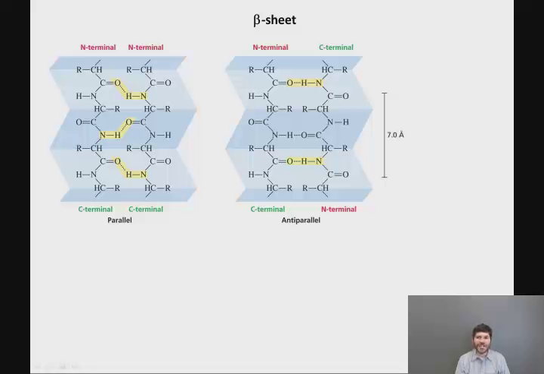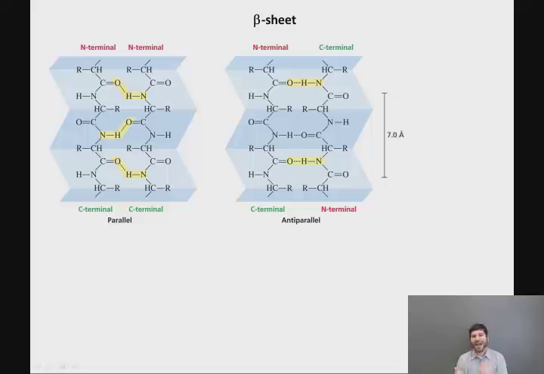Okay, so beta sheets can be thought of as being either parallel or anti-parallel. What a parallel beta sheet means is that both of the chains are going in the same direction. So in the figure on the screen, the N terminus of that portion of the chain is on top and the C terminus is on the bottom.